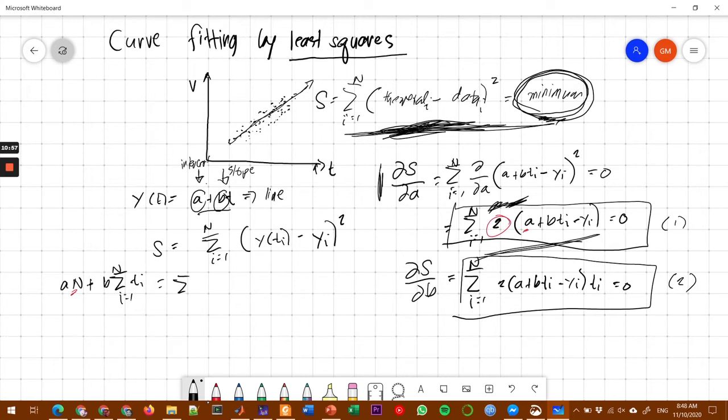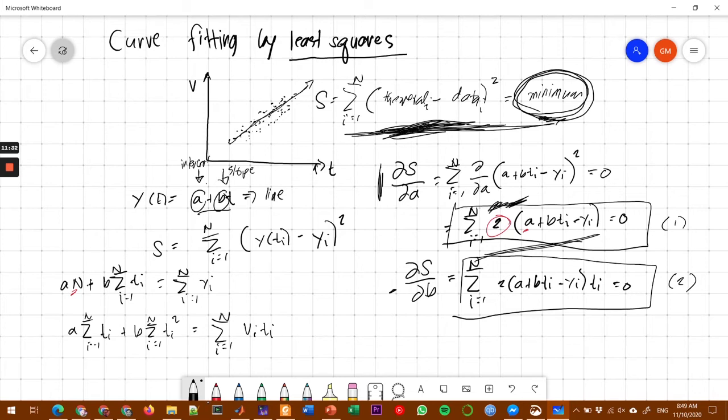This is for the A. And then this one, the equation from earlier, we have A summation of t_i squared equals summation of t_i y_i, with i running from 1 up to n.